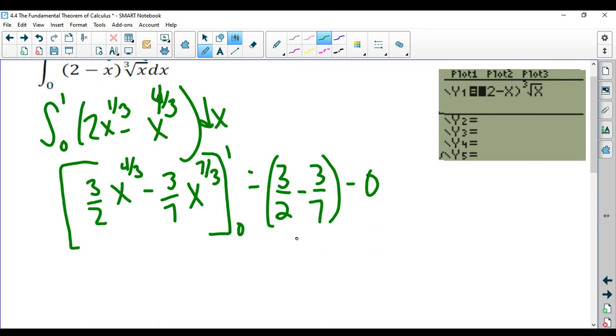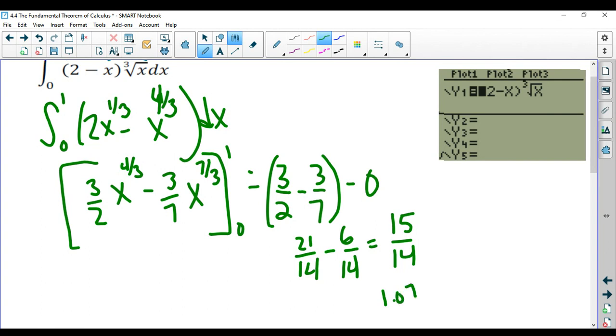So I'm just going to get a common denominator of 14. So multiply this by 7/7, and this by 2/2. 21 minus 6 is 15/14. So that answer is 15/14, or 1 1/14. That equals 1.07-ish.